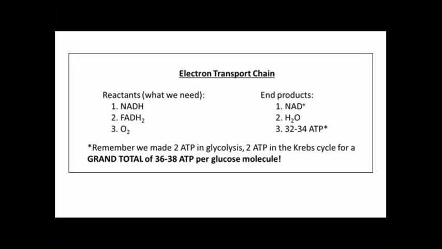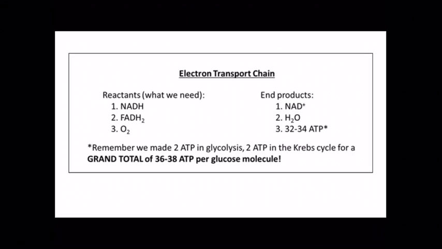Our end products in the electron transport chain are NADH that will get recycled and turned back into NAD plus, that will get turned back into NADH in a future Krebs cycle. Oh, this doesn't say FAD, but there is also FAD that is an end product.